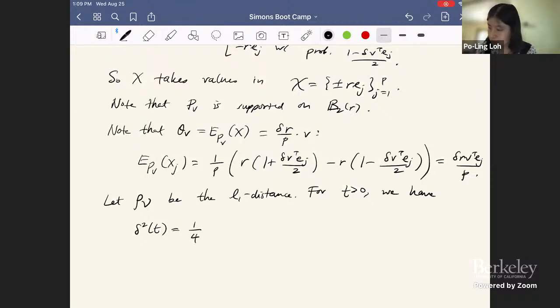So if I square the one half, I get a one fourth, and we have a minimum of the 2-norm squared of theta_v minus theta_v', such that the 1-norm of v minus v' is bigger than or equal to t.